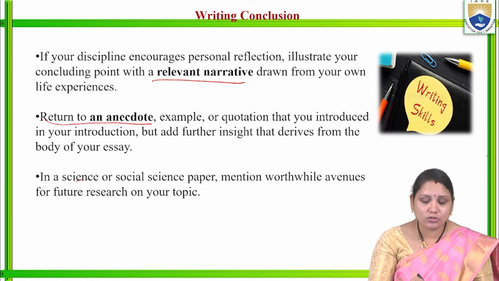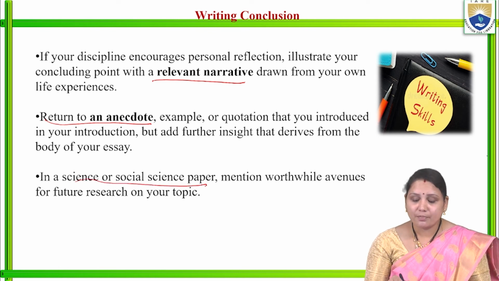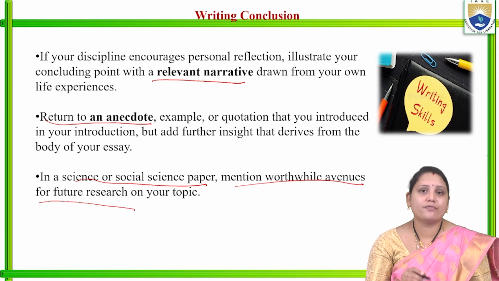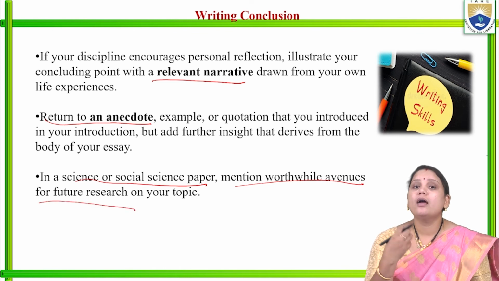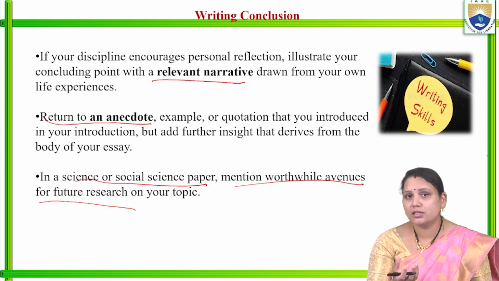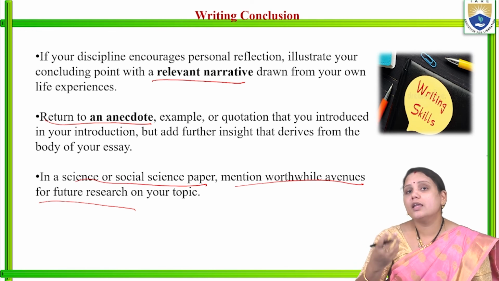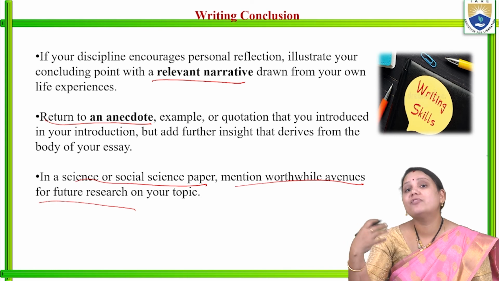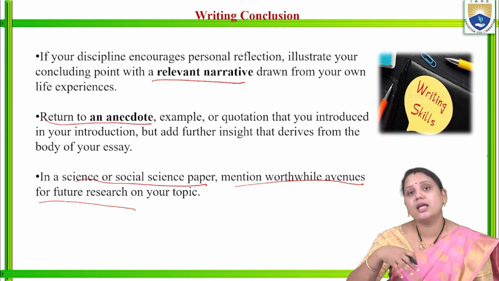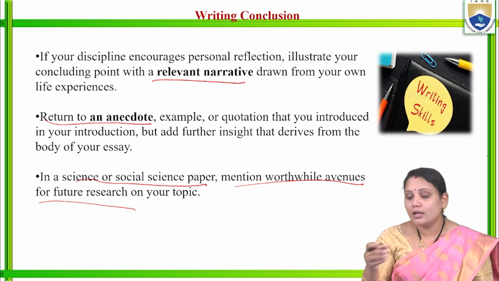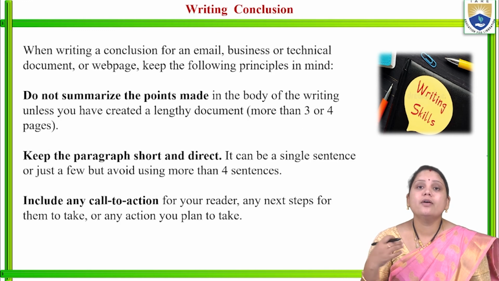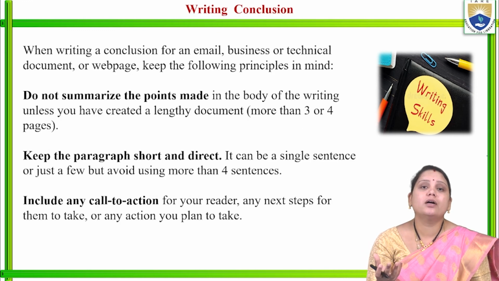Next, in a science or social science paper, mention worthwhile advances for future research. If you are writing a research paper or a thesis, try to give more suggestions for further study of that particular research element. That will help give suggestions to other people who are reading, to take up research like that.